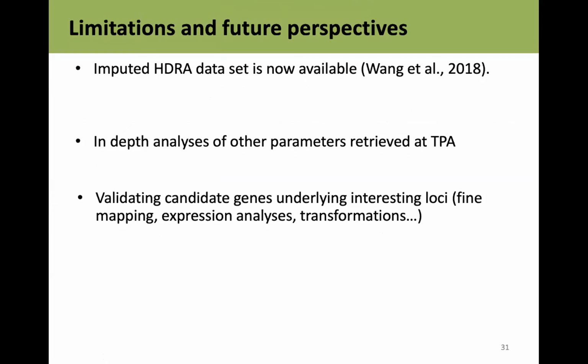From the TPA, there is a wealth of data. I'm only showing you 3 traits. There are plant compactness and loads of architectural traits that I need to dive into, and validating the candidate genes underlying these interesting loci. That in itself is a whole other PhD.